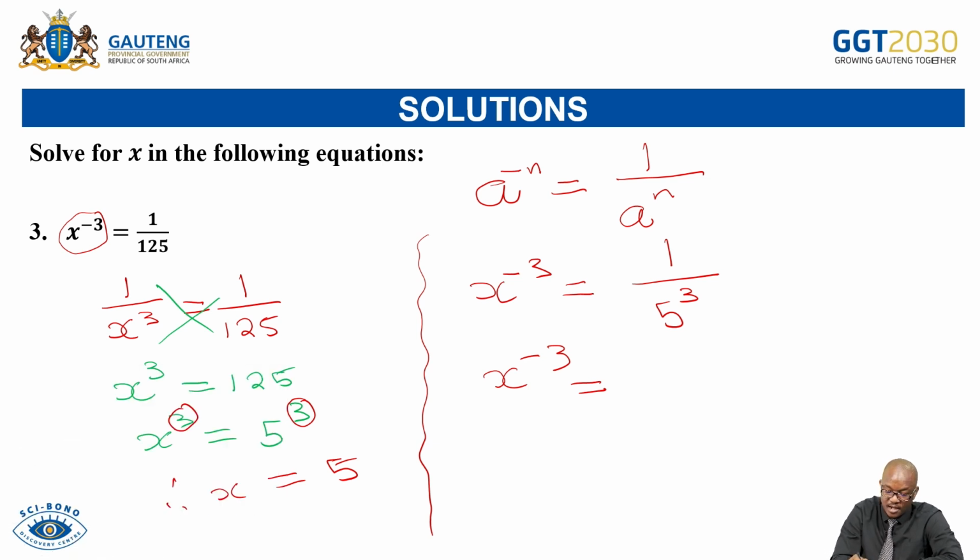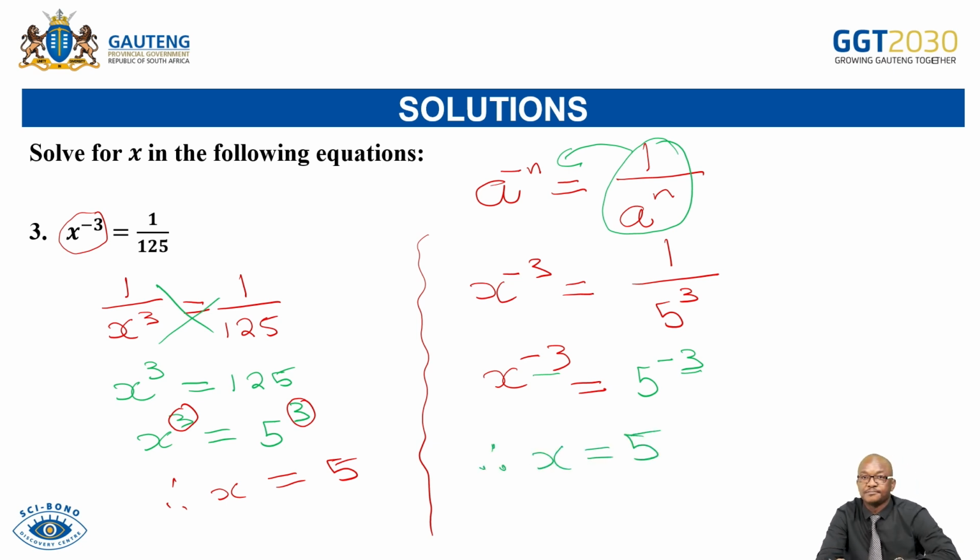We can move from this side to that side, and they can write this as 5 to the exponent of -3. Looking at those exponents, they are both negative. Therefore, x is going to be equal to 5.